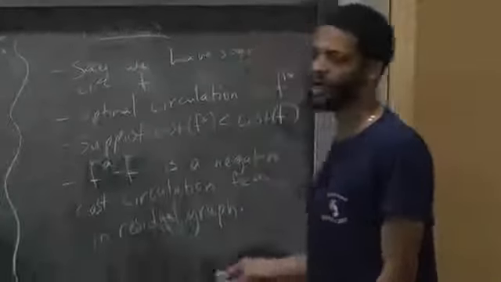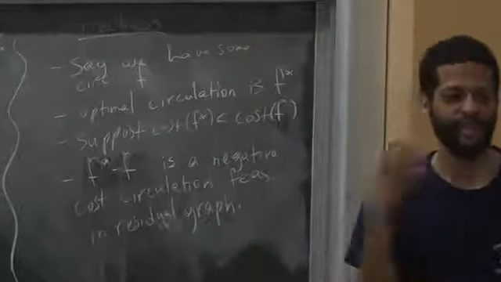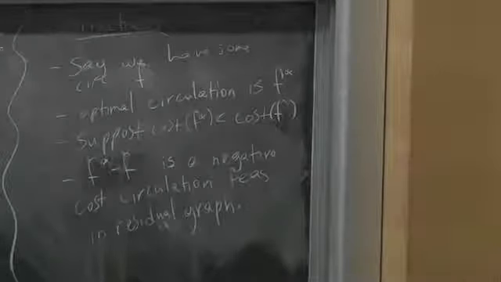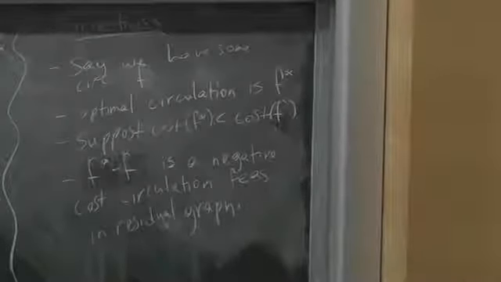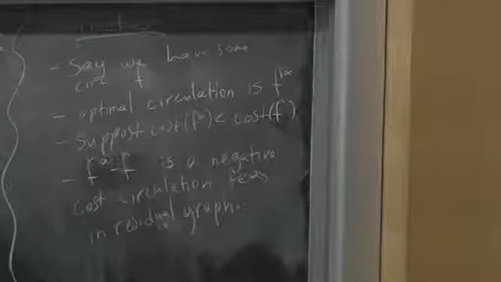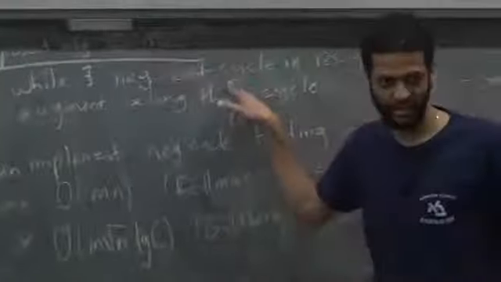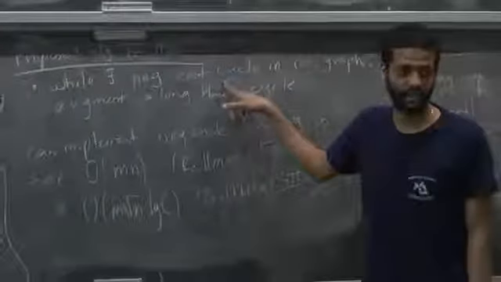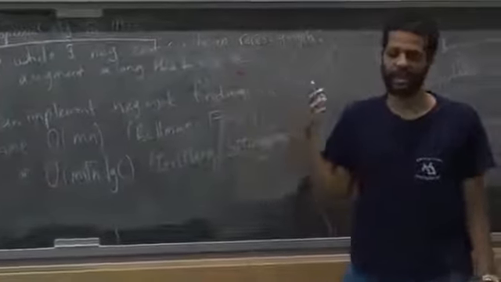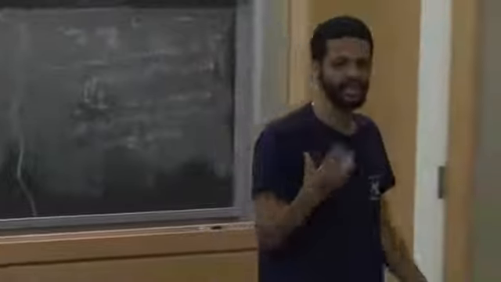So if we're not at the optimal, it means our residual graph has a negative cost circulation. Well, we're not just looking for negative cost circulations. We're looking for negative cost cycles, right? But I claim that any circulation decomposes into at most m cycles.